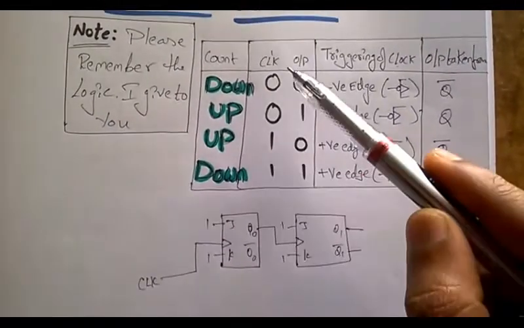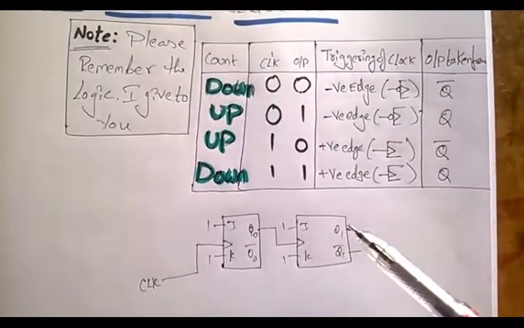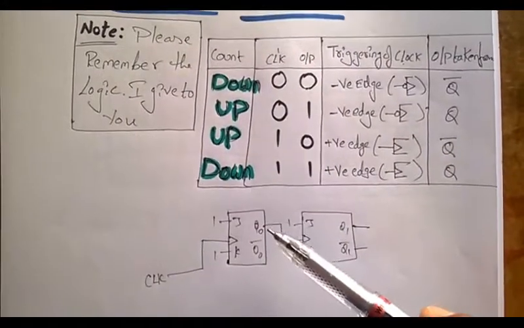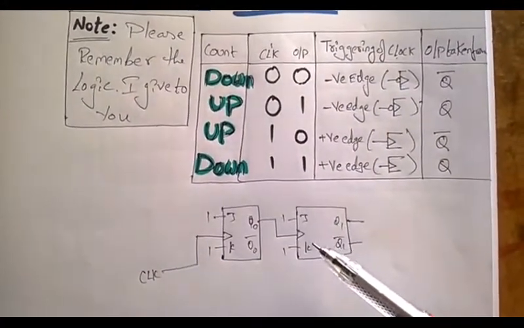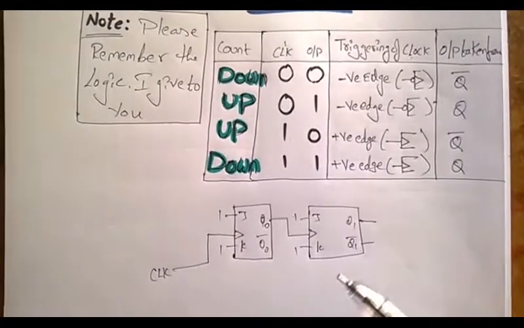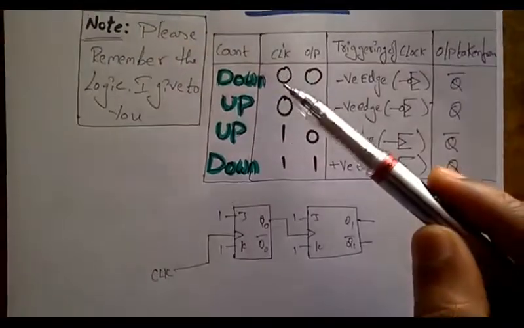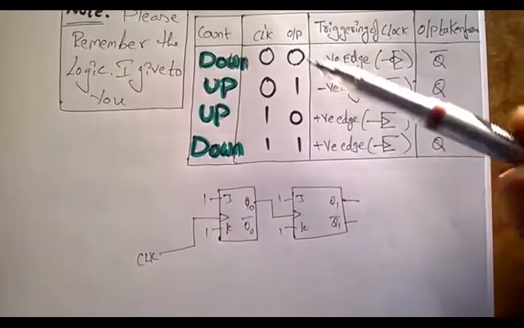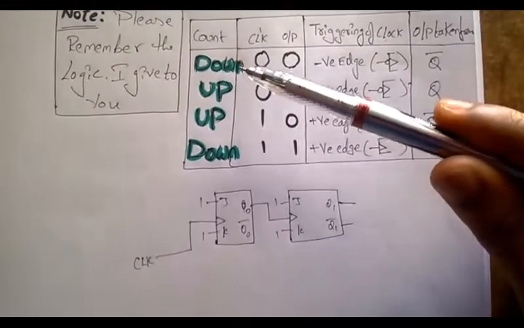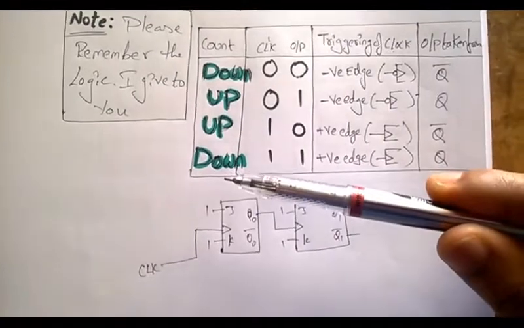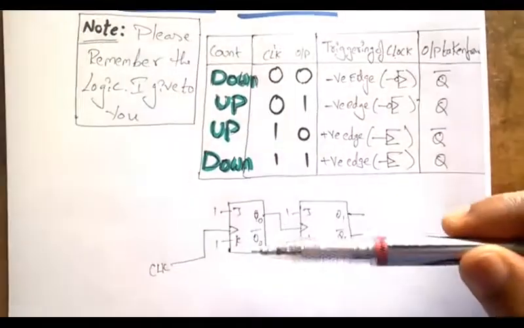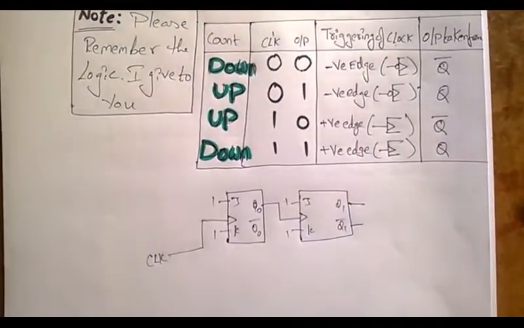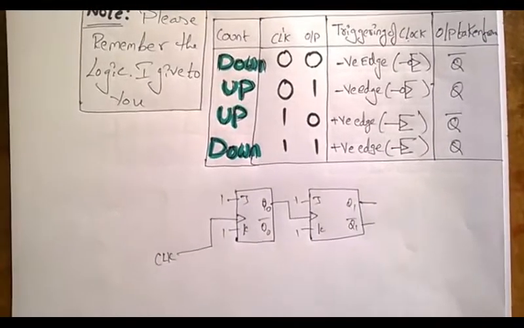First column as the clock, second column as where the output is taken, and that output is given as the clock to the second flip-flop, right. See, now identify for this whether it counts down or up. See, it's easy, right, down up up down. Now identify for this so that you get some experience and clarity.